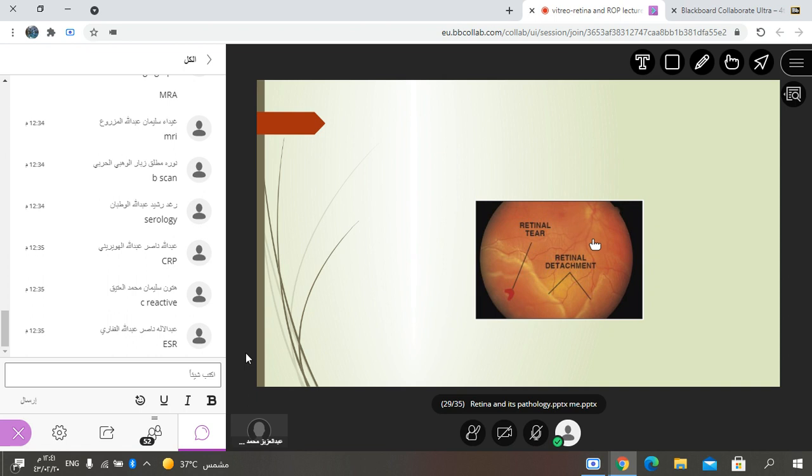This is a picture of the retina, and you can see there is a break here, which is a horseshoe break. It's very commonly associated with posterior vitreous detachment, and there is subretinal fluid, and you can see the corrugation line. This is abnormal. It's a sign of fluid that is behind the retina. So this is rhegmatogenous retinal detachment.